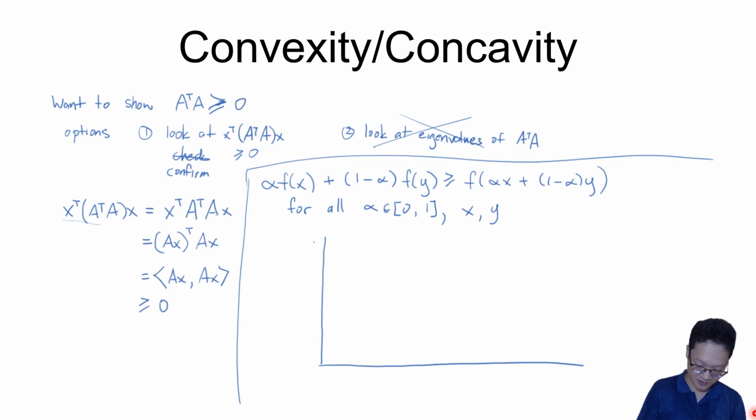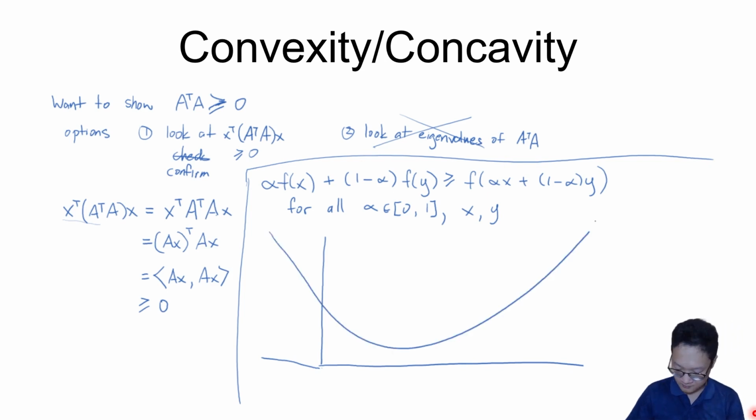So let me just draw a convex function. This is f. Now, for all x, y means that we can pick some arbitrary x and y. Any of these could be x or y. For the sake of the diagram, I'll pick this one to be x and this one to be y.